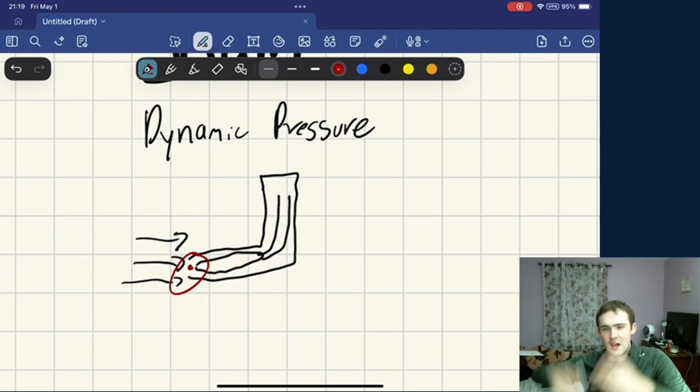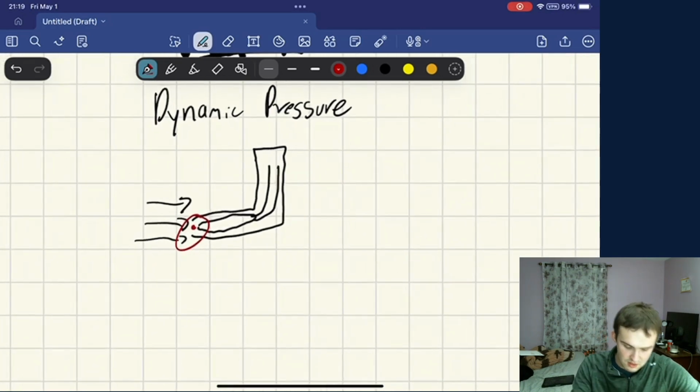It's not to do with high pressure and low pressure and so on. It's very simply that as that air is moving faster, it has a greater force as it's impacting our pitot tube, and that is what causes us to have a higher pressure as we move quicker through the air. So I want you to remember that principle: as our airspeed is increasing, our pitot pressure is going to increase.